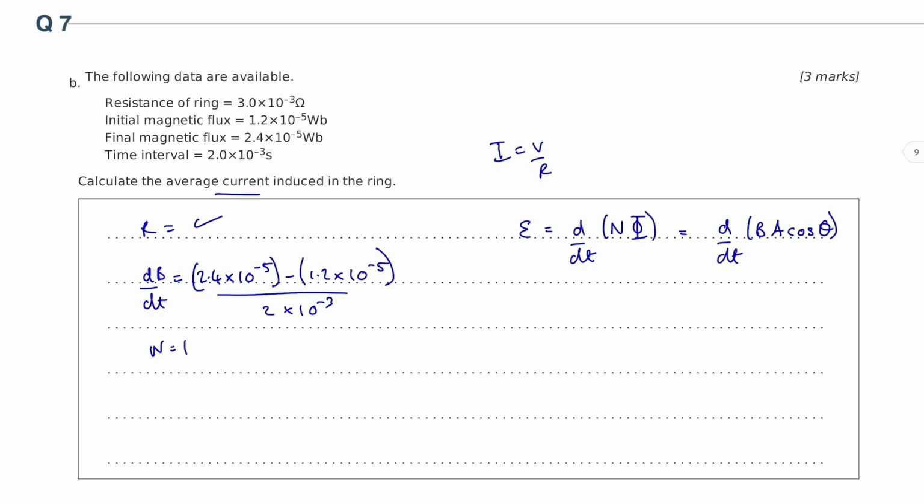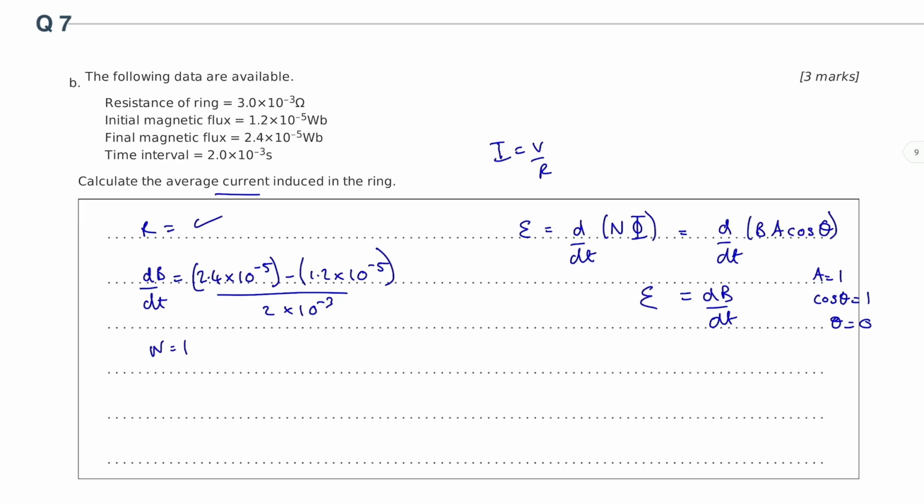Our B is going to change. It is dB by dt. There's no information given about area, so let's just say area equals 1. Cos theta is equal to 1 because theta equals 0. So our induced EMF is equal to the rate of change of magnetic field.